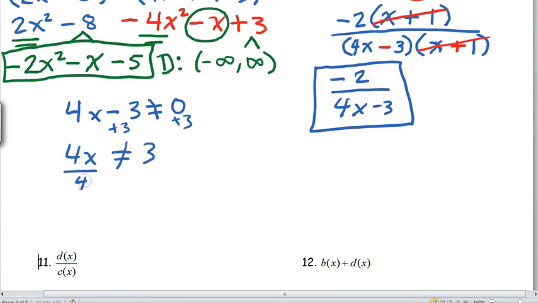Then I divide by 4 on both sides, and that tells me that x cannot be 3/4. So that's a restriction. But is it the only restriction? The fact that I'm asking the question is sort of a hint to you that there's another restriction. Does anyone have any idea why there's another restriction?